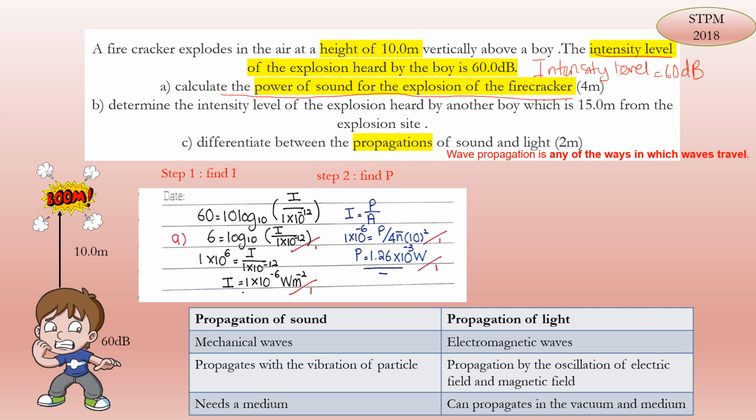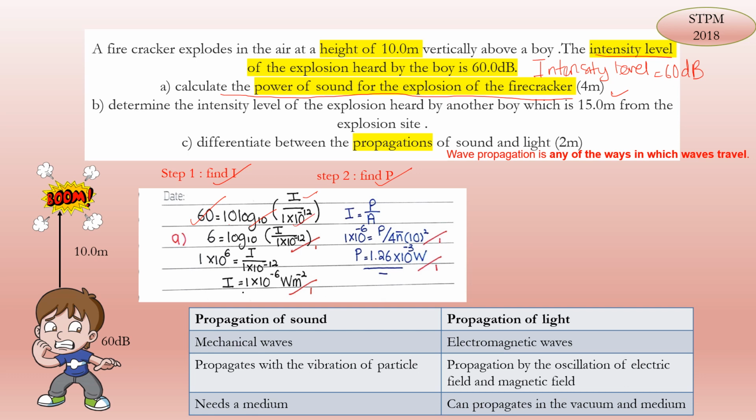So you see, this one is similar to the one we did just now, right? What was the two step? First thing was to find the intensity. Second is to find the power. So, similar way of doing it. Go back to the basic formula, the intensity level of sound, 60 equals 10 log10 I over the reference intensity, which is the threshold of hearing.